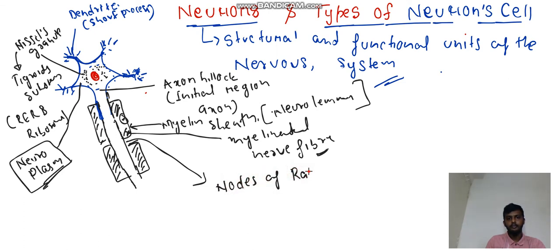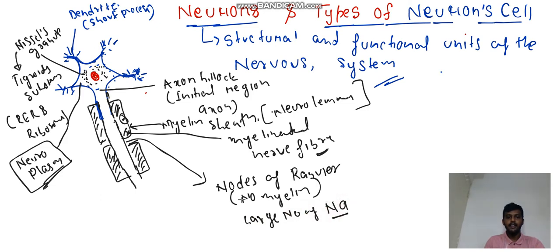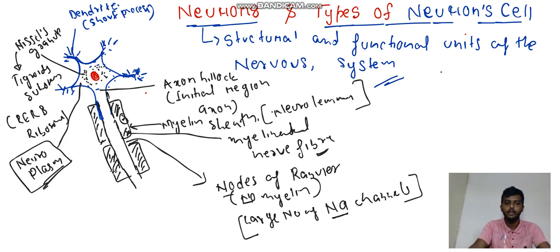In these nodes there will be an absence of myelin, and a large number of sodium channels, or you can say voltage gated sodium channels, which allow the influx of sodium inside the axon, and it causes depolarization, or you can say the excitation of the neuron.